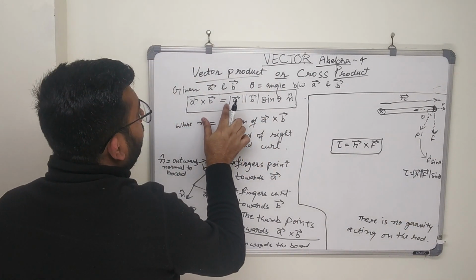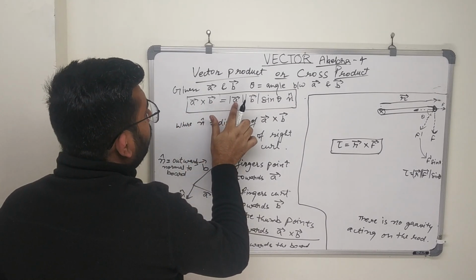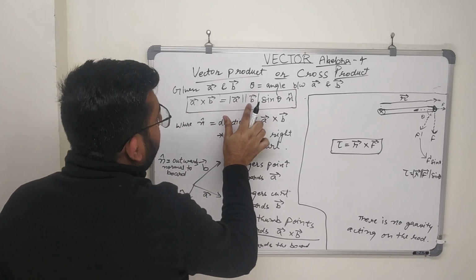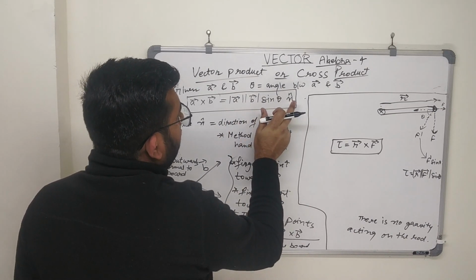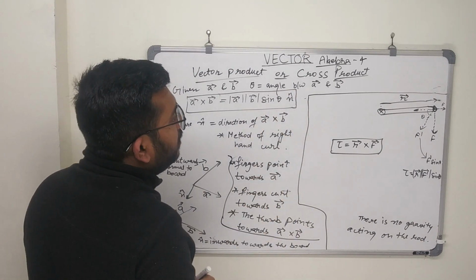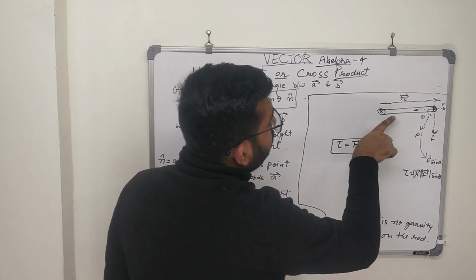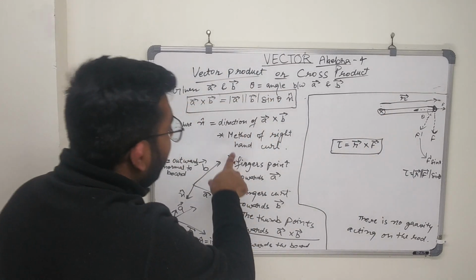That is already we have written in this case, that is a vector cross b vector is equal to magnitude of a vector into magnitude of b vector into sine of theta into n cap. N cap is just the representation of the direction of the torque. So in this case also you can find the direction with the help of right hand curl.